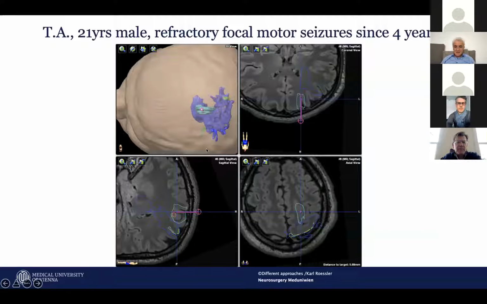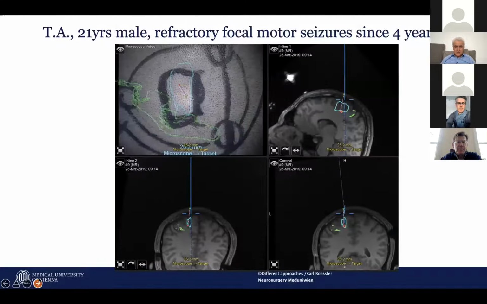And we included this information, functional information, and also lesion information into the microscope. Even at the beginning of the surgery, before doing skin incision, we used this to mark the skin and to plan the craniotomy.